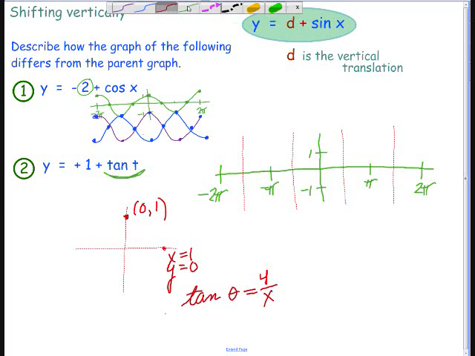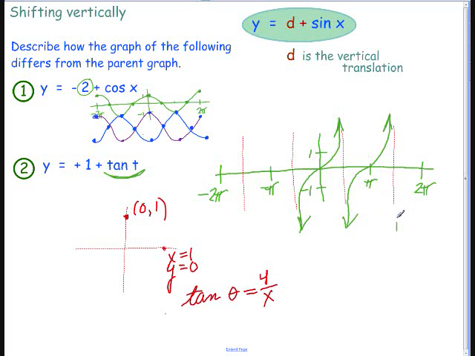So let's just quickly sketch in what the parent graph of tangent looks like. It goes from -infinity on up.